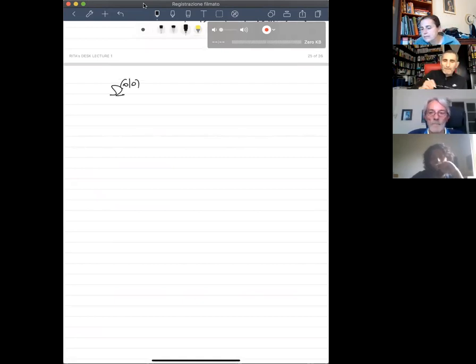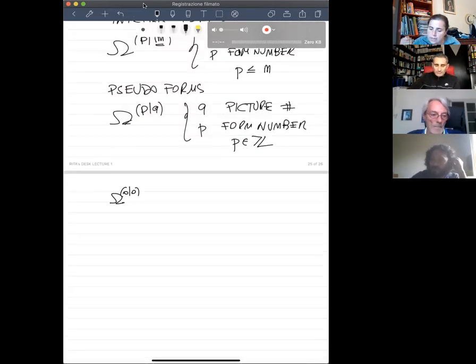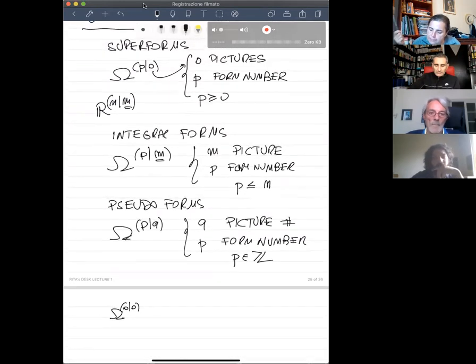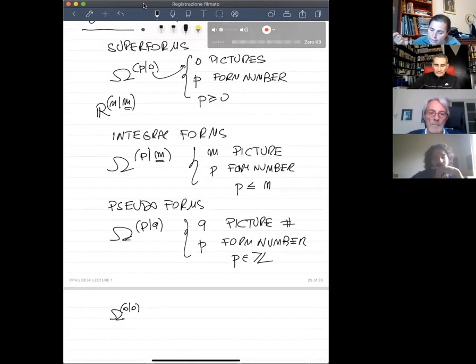Antonio, I have a question. When you talk about the picture number, which in the integral form is the number of odd dimensions, is this number exactly the number of deltas appearing? Yes, exactly. It is the number of deltas, with or without derivatives.